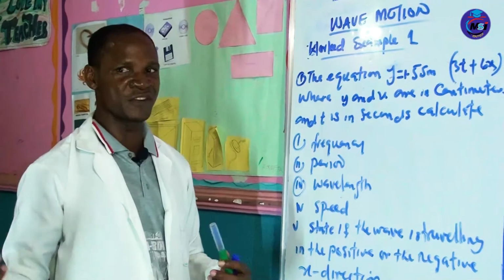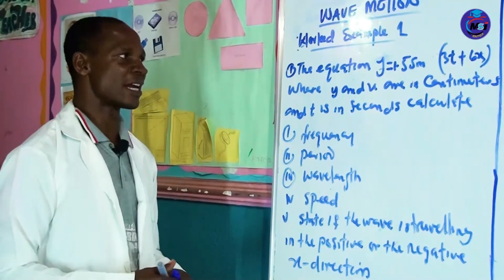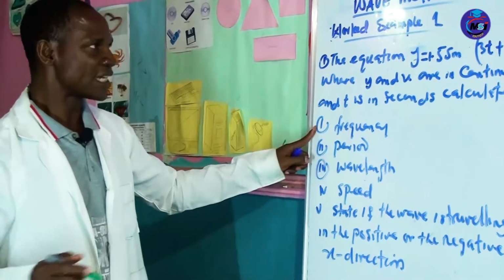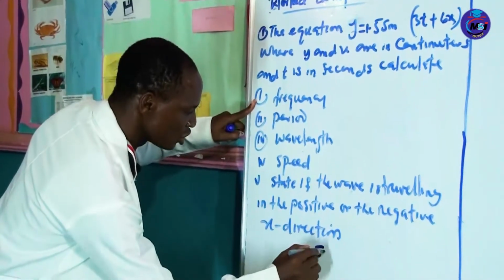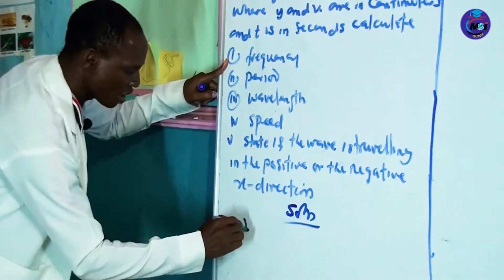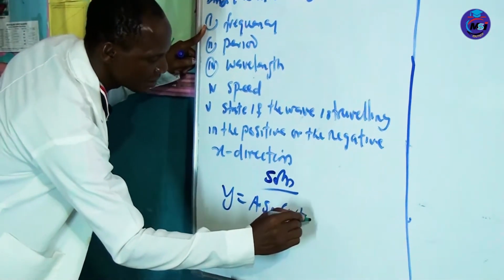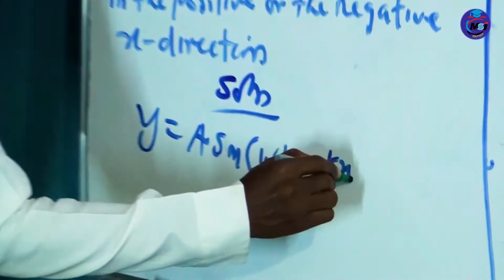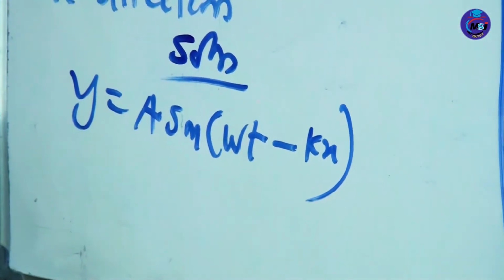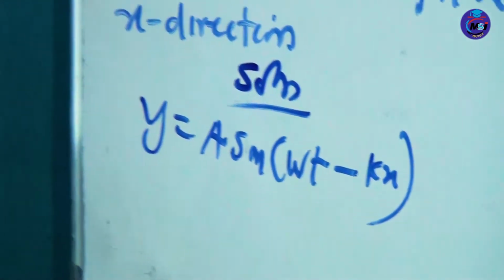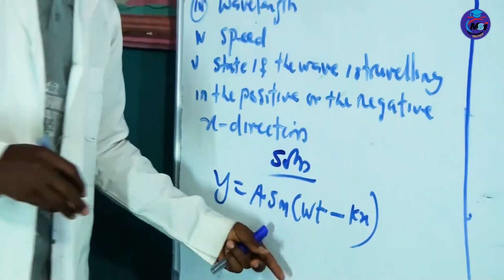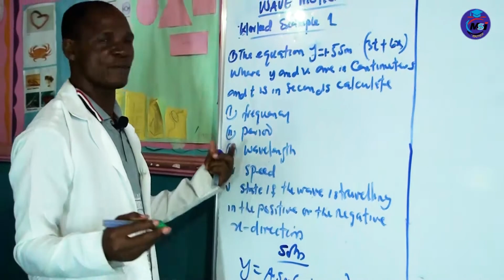If it is negative, it's traveling in the positive x direction. So to start with, this is the general equation you need to recall: y equal to a sine of omega t minus kx. If you can remember this equation, you have done half of the job.